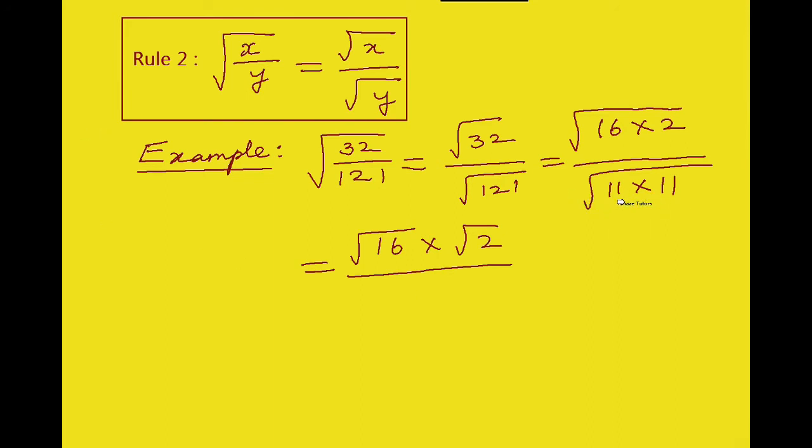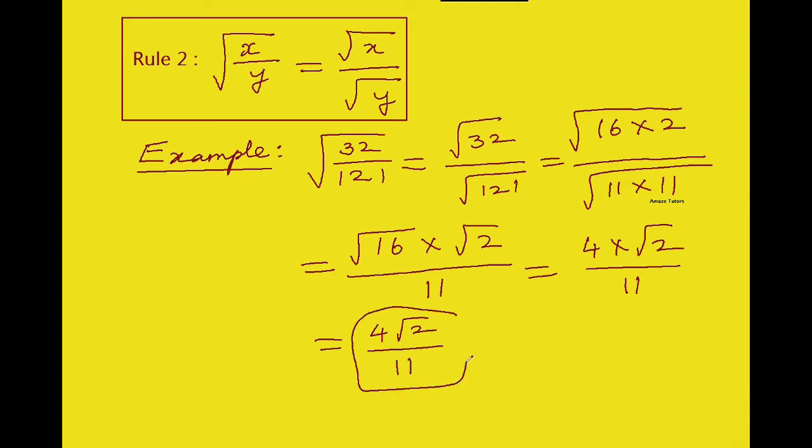We already know that 11 times 11, when you bring it out, will become simply 11, because it is square root of 11 squared. Now, square root of 16 is 4, times root 2 over 11. If you write this as a single term, 4 root 2 by 11, this is the final answer.